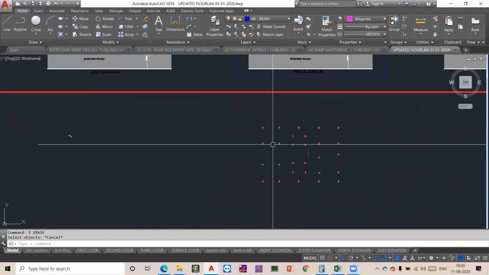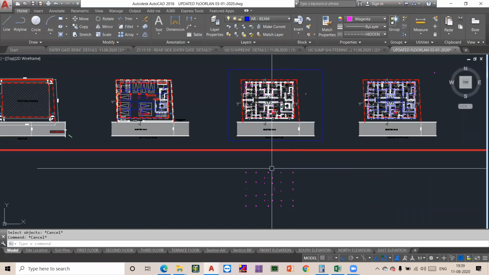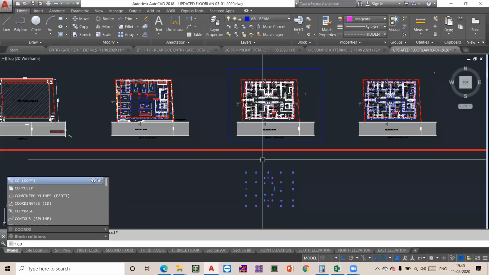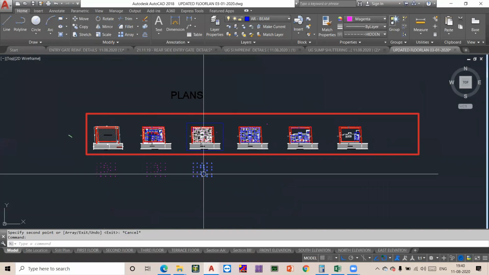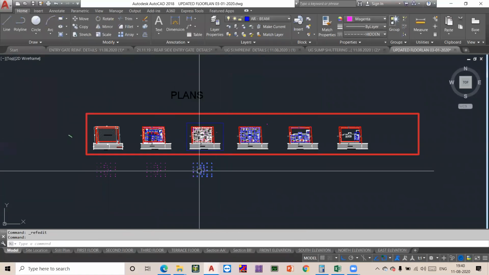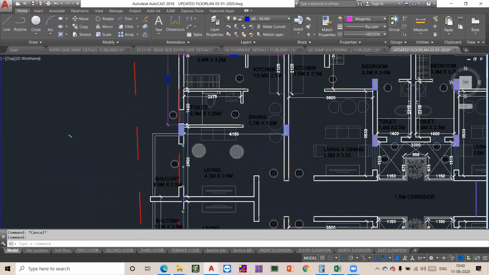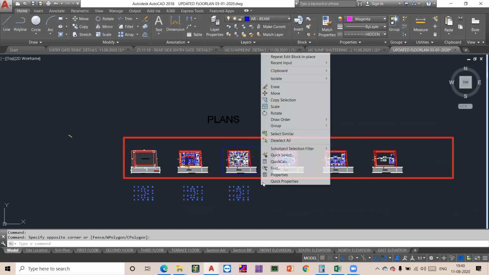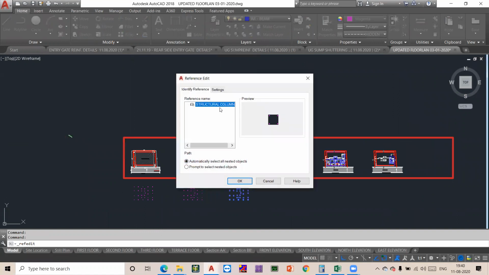Whatever change I make now will be reflected in all the blocks. Once I am inside the block, I am again copying another block. Now, let's say I am editing in one of the blocks. All of these, 1, 2, 3, and 4, are blocks with the name structural column.